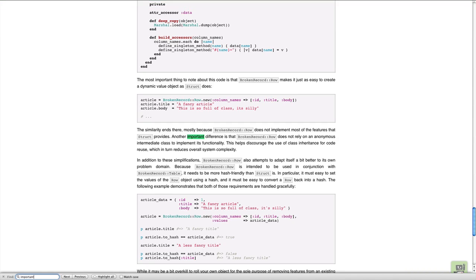Another important difference is that record row does not rely on an anonymous intermediate class to implement its functionality. This helps discourage the use of class inheritance for code reuse, which in turn reduces overall system complexity. In addition to these implications, record row also attempts to adapt itself a bit better to its own problem domain.